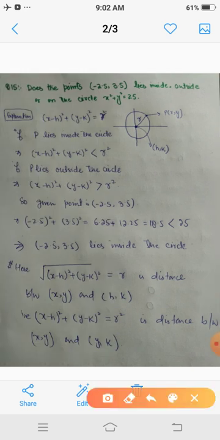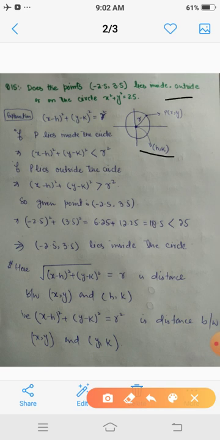Now the last question of this exercise is, does this point (−2.5, 3.5) lie inside, outside or on the circle? We know that the equation of the given circle is (x − h)² + (y − k)² = r². That is, center is (h, k), any point on this circle is P(x, y).